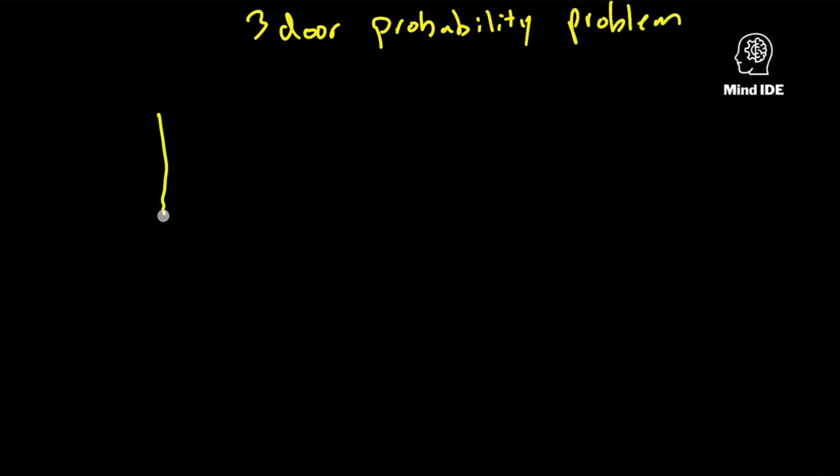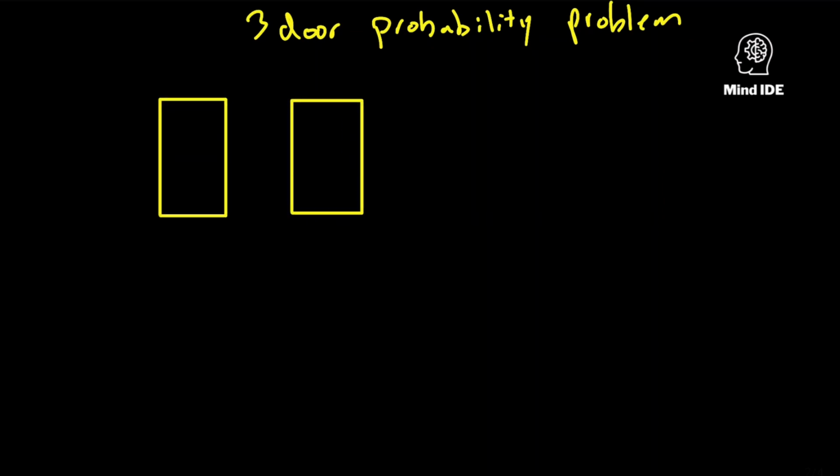So basically, it's a pretty simple question. And at first, it seems maybe unintuitive, but once you think about it, it's actually pretty straightforward. So the setup of the problem is that one of these doors is going to have a prize.